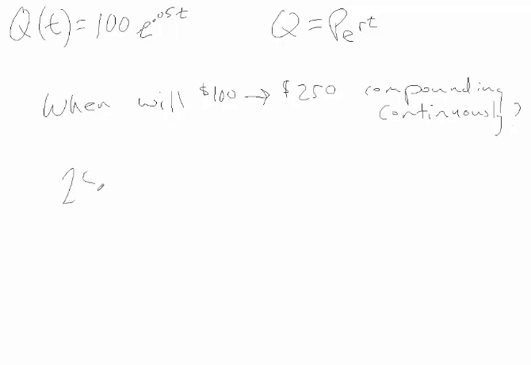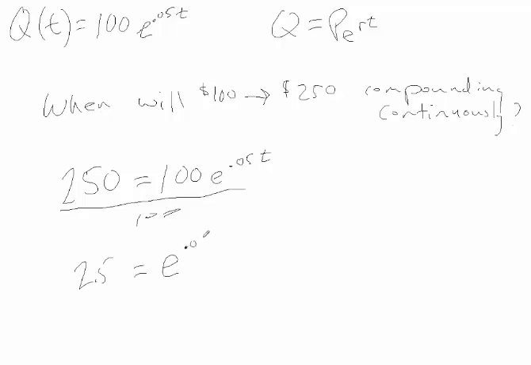So I'm going to end up with 250. I started with 100. I'm continuously compounding at 5%. What's t? How many years is that going to take? So again, we'll start out. Let's divide by 100 on both sides. And we get this. Again, we've got the variable as an exponent.